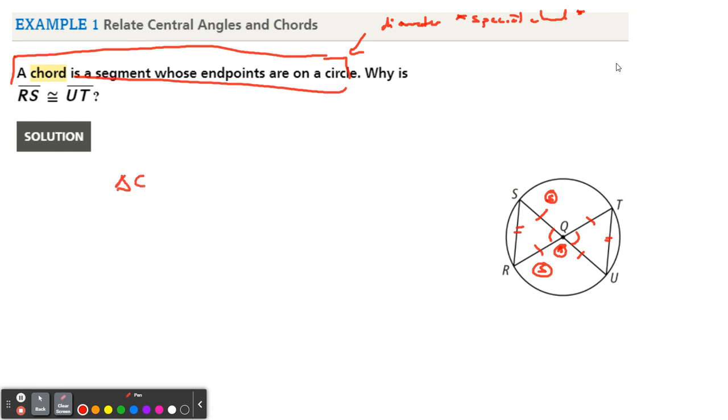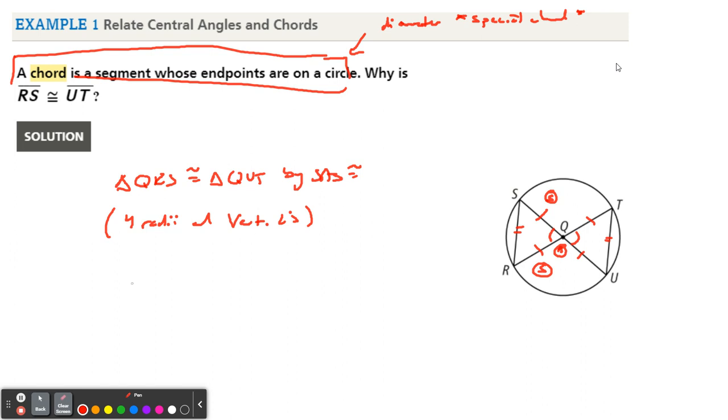So triangle QRS is congruent to triangle, and just to get the correspondence, they have R and U corresponding, so QUT, and that's going to be by side, angle, side. And again, we have four radii, and we have vertical angles.